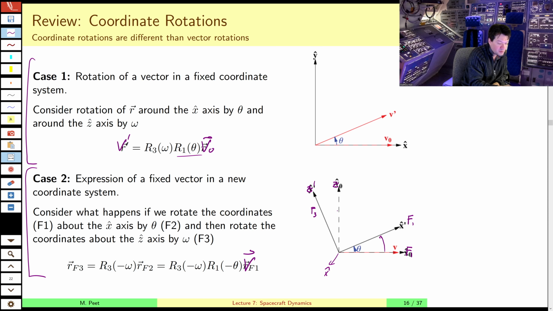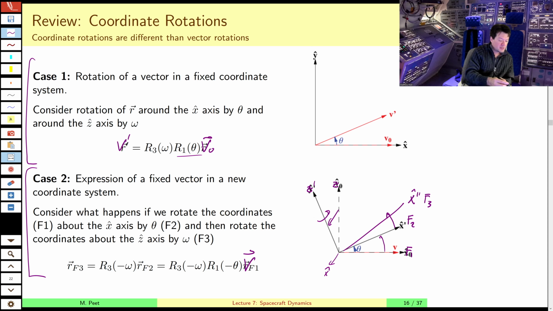So first we rotate about x, and then we're rotating about z, so the frame goes to our x prime prime hat coordinate. So actually F1, F2, F3.